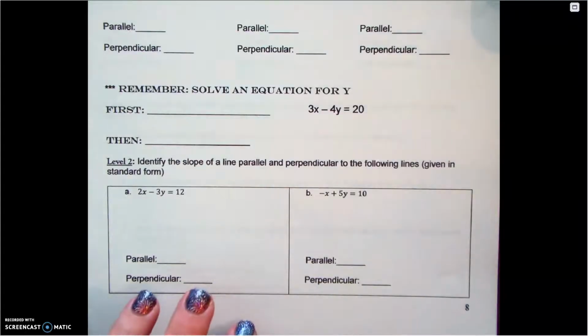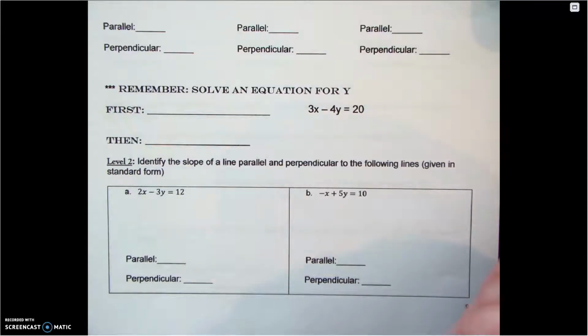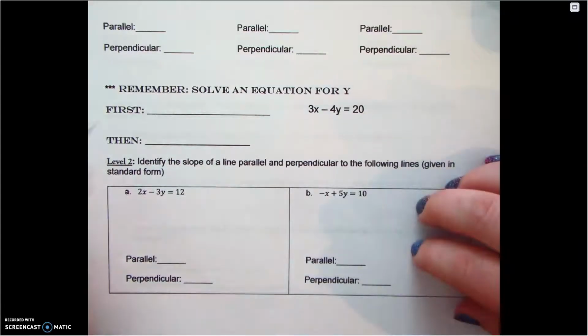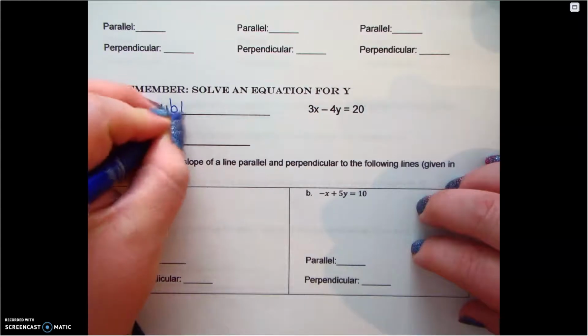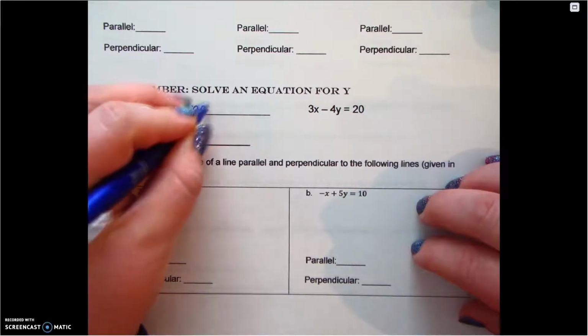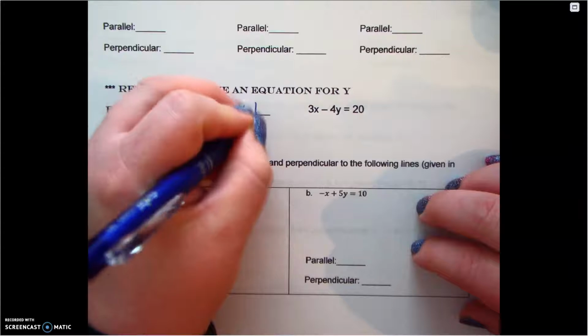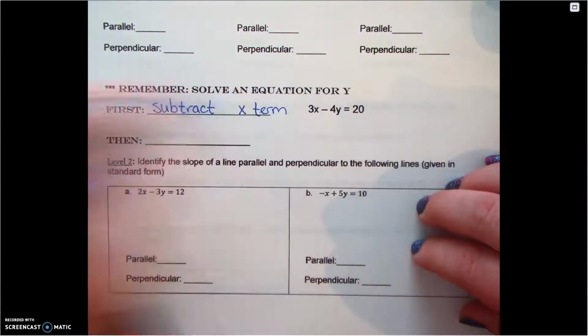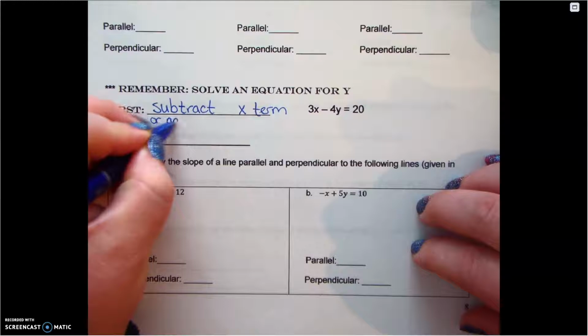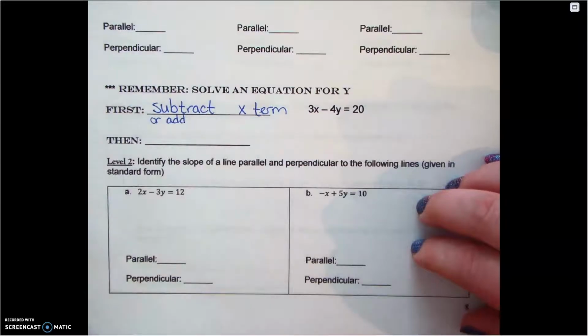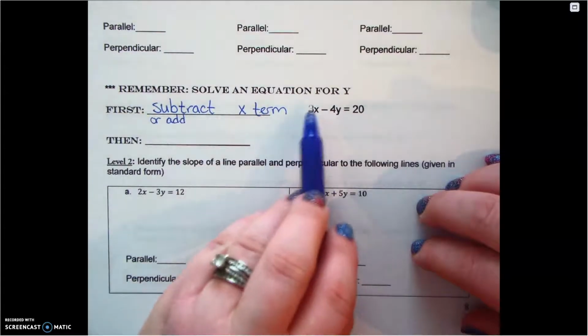Before we get started on those problems, let's review how I take something that's in standard form and put it in slope-intercept form so that I can identify the slope. The first step would be to subtract the x term, or you may need to add the x term depending on whether this is positive or negative.